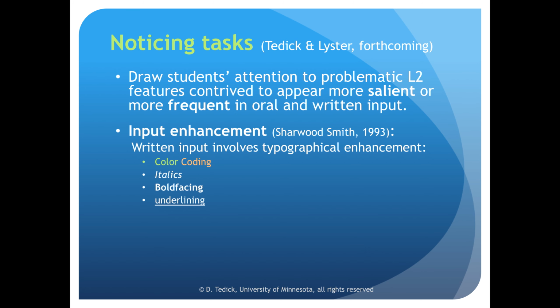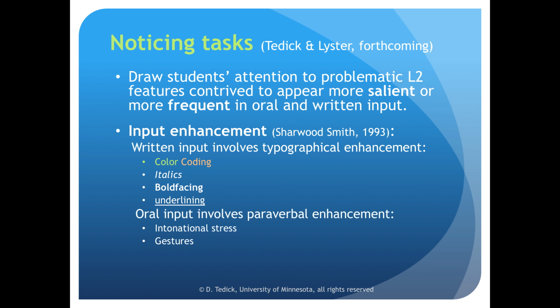And then you want to enhance the input. So you want to either color code or provide italics or bold facing or underlining the form throughout the text to bring students' attention to it, for example. And then if the text happens to be an oral text, if this is a puppet dialogue or if this is a music video or whatever, there has to be some intonational stress that a teacher would use to bring attention to the form.